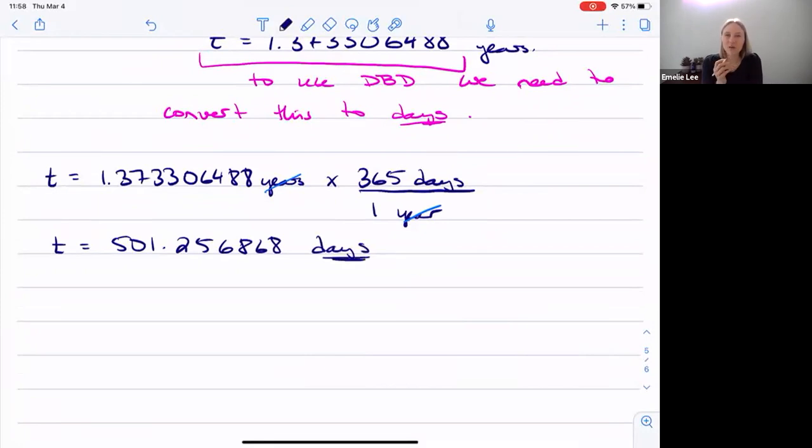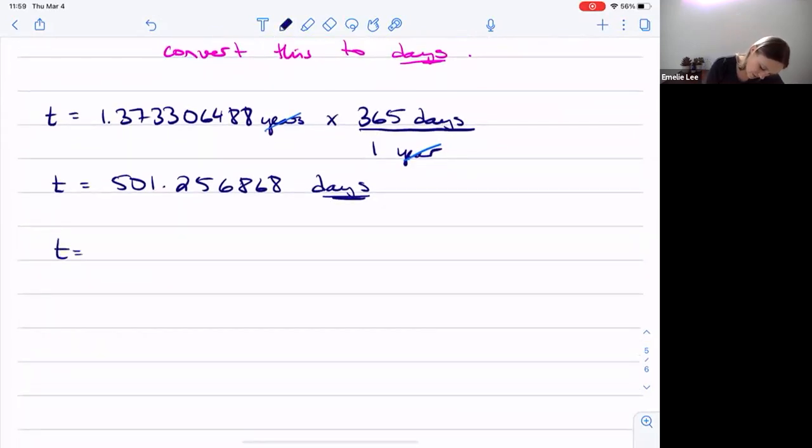However, we've seen this problem before: can I wait a quarter day? No, not really. I need to take it for 502 days. Even though we wouldn't round up to 502 naturally, if you think about what this means, in order to pay off a loan, we would need to go for 502 days.